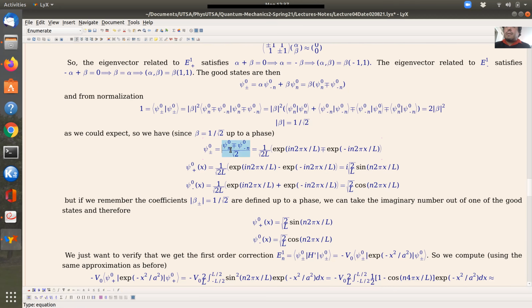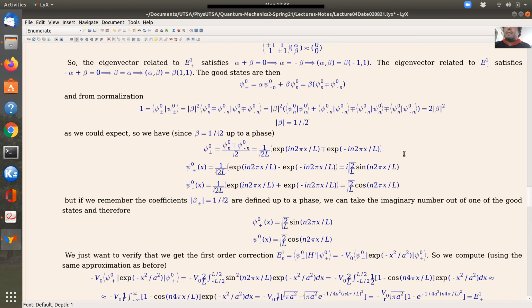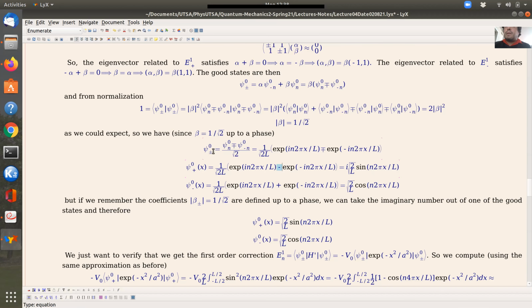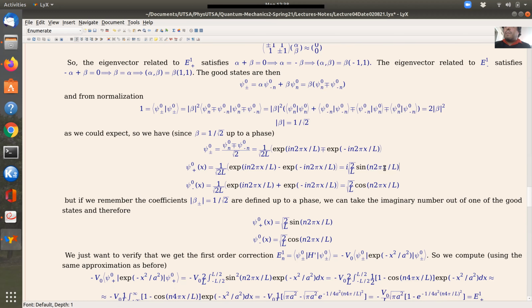First of all, this is nice. This is the usual form for these kinds of entangled states. Secondly, we have e to the in, and so on, minus plus e to the minus in. This is some sort of combination that you have seen before in your complex analysis class. So psi 0 plus means that we take the minus sign in this case, because this is plus minus. So this will actually give you the i sign, right?